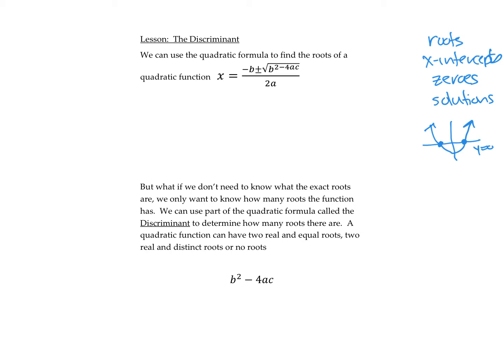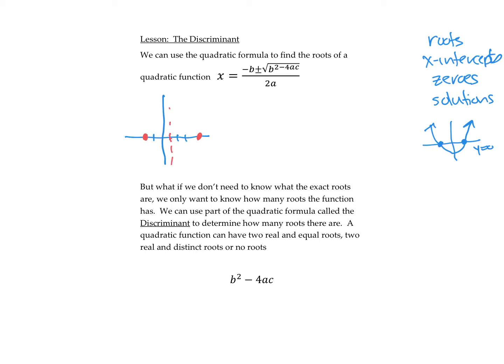And so the reason we have this quadratic formula, remember that a quadratic is symmetrical. So let's say we had x-intercepts here and here. The middle, so they are 6 units apart, so the middle would be here.